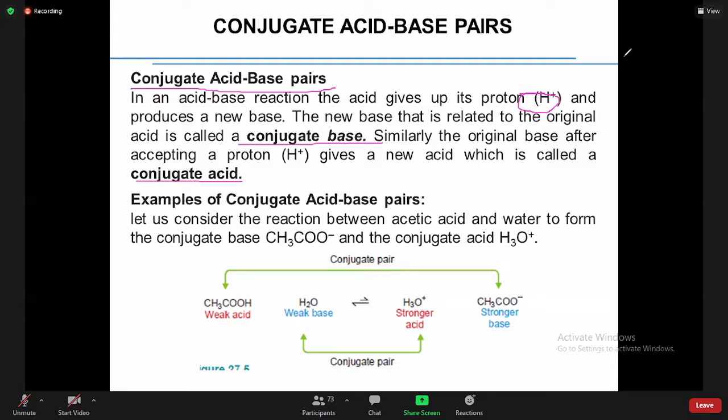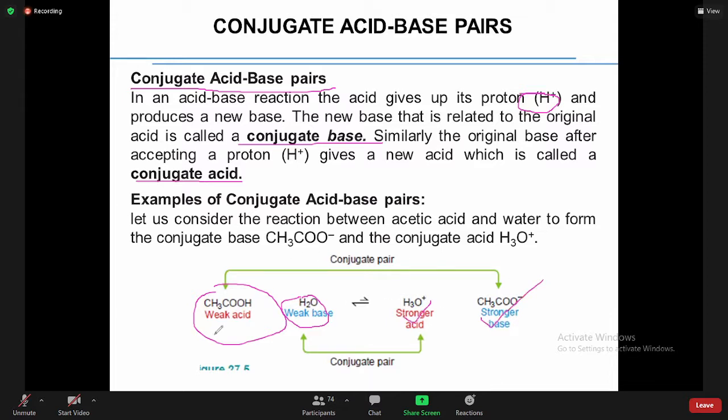The ion or compound which is donating the proton is the conjugate acid, right? And the molecule or ion which accepts the proton is called the conjugate base.